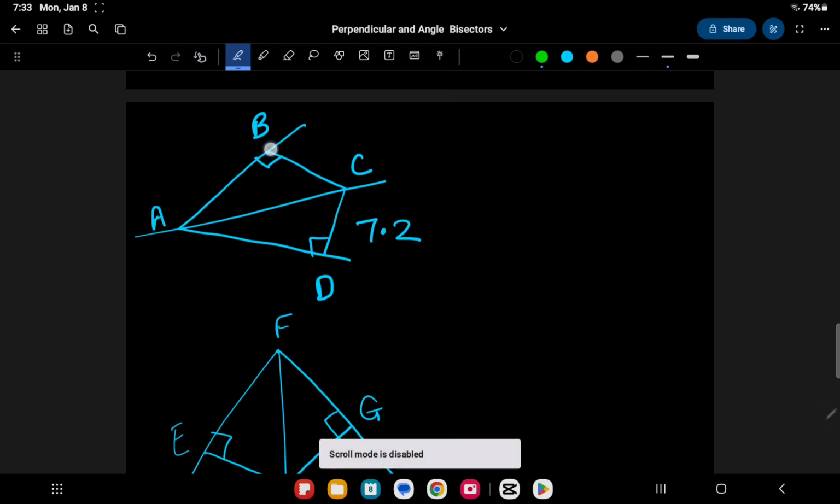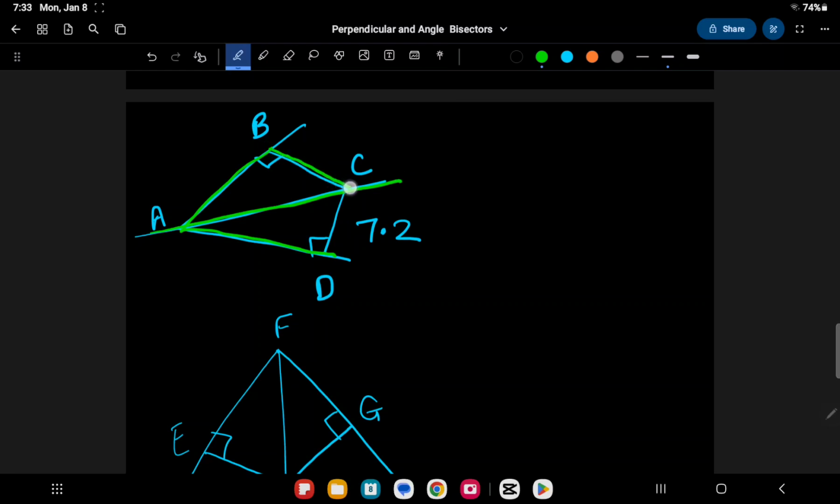The rule states that if you have ABC and you have that angle bisector, then your distance from B to C is the same as C to D. So that angle bisector makes these two distances equal. So if CD is 7.2, that means BC is also 7.2.